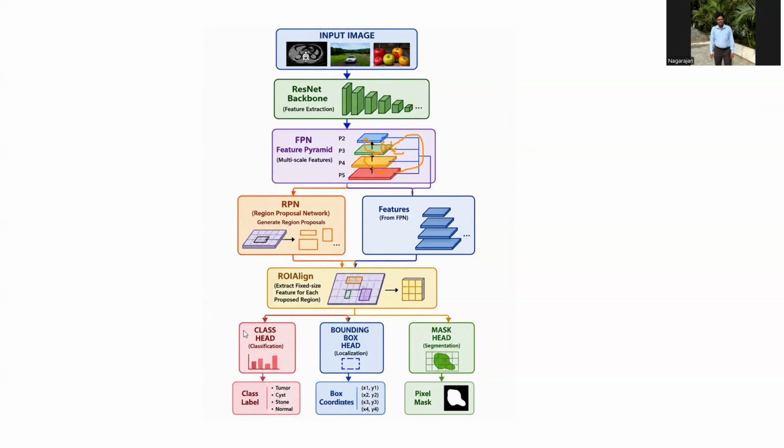Then we get the class set, that is classification, the bounding box set, and the mask set. At last, the class label will help you identify the category of the object. If you consider a CT image of a kidney, you can say it is a tumor or cyst, along with box coordinates, an improved confidence score, and a pixel mask. So based on the application, the output will vary.